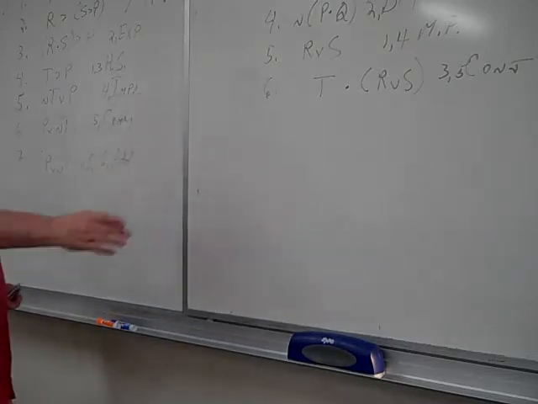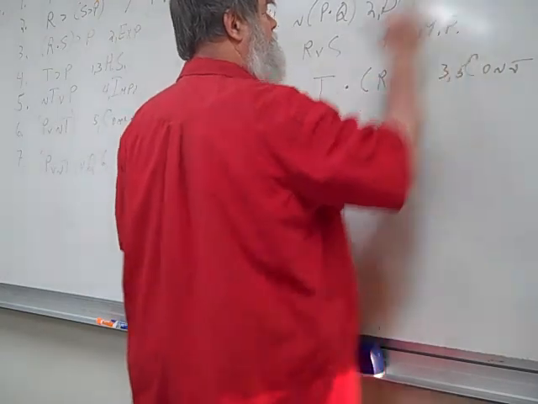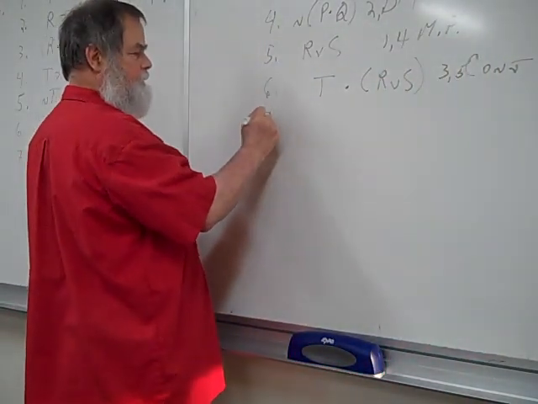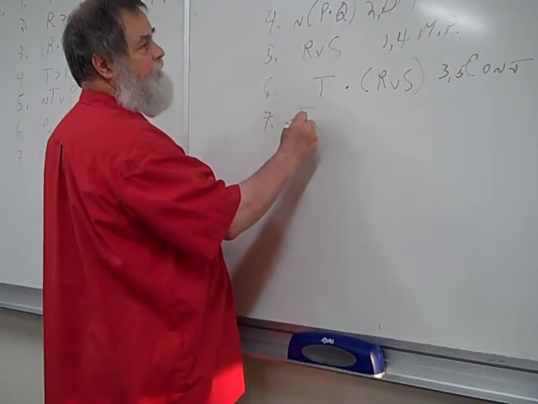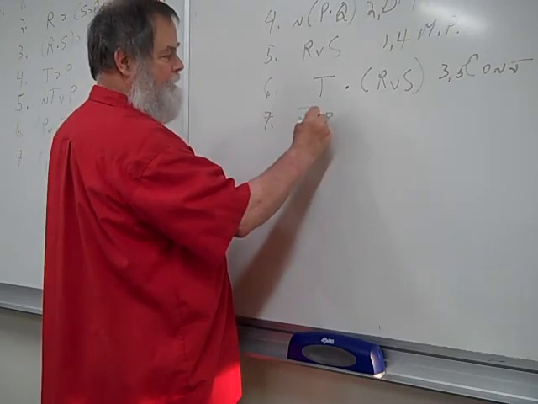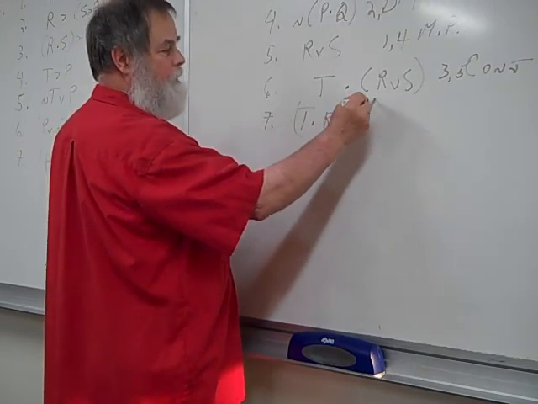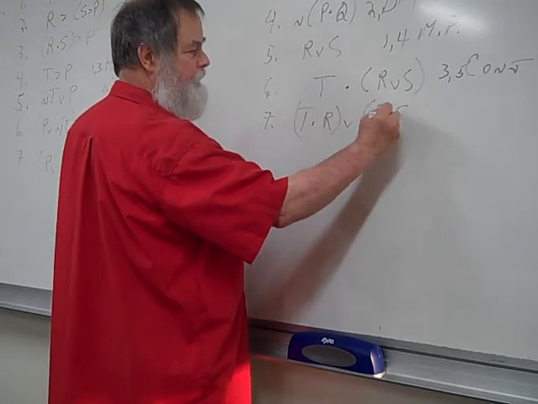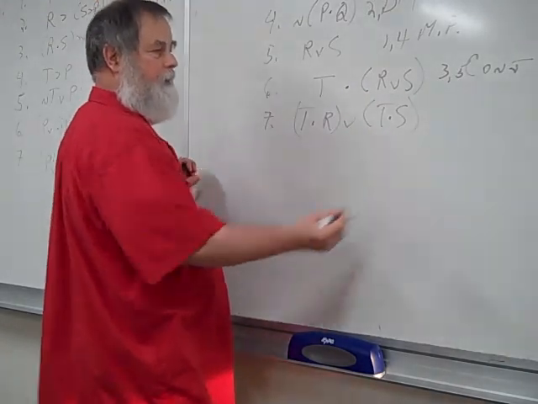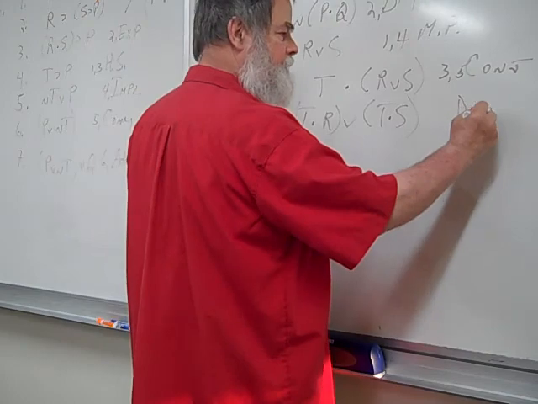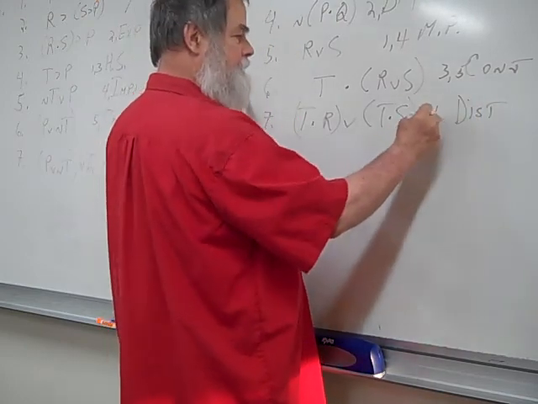So this is equivalent to this. So we go T and R or T and S. And that's distribution on 6.